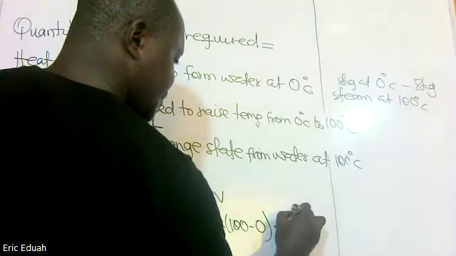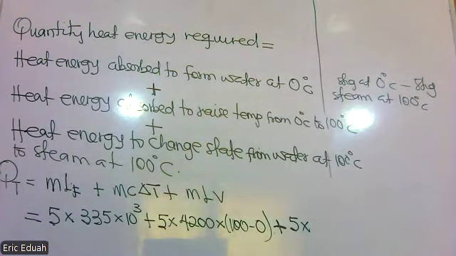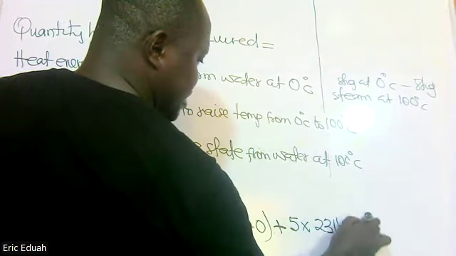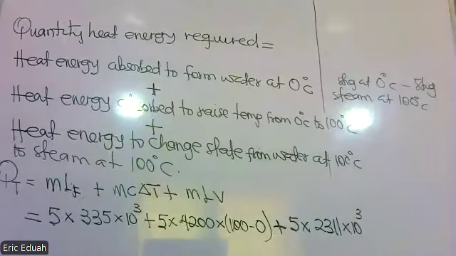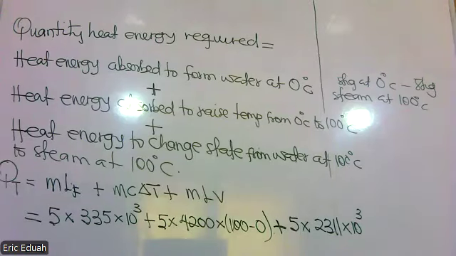So 5 kilogram of water times the specific latent heat of vaporization of water, which is 2311 kilojoules per kilogram, so 2311 times 10 to the power 3. So put them together and then give me the final answer. Let's do it systematically, so that we can track each stage. Let me bring my calculator myself.